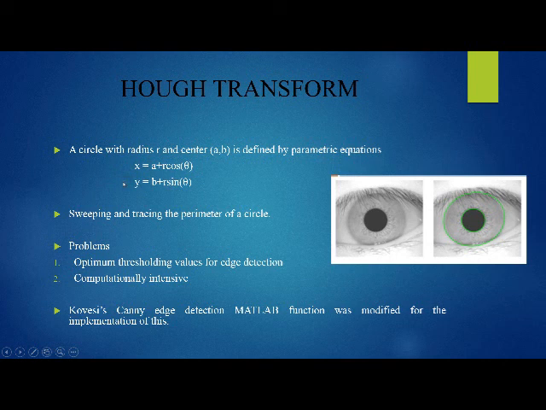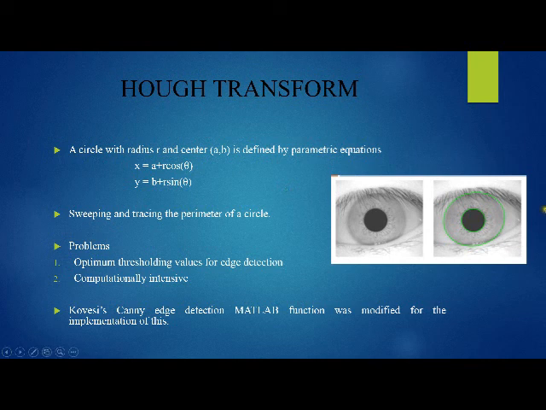What happens in the Hough transform is that theta is made to sweep from 0 to 360 degrees, and the points (x, y) trace the perimeter of the circle.